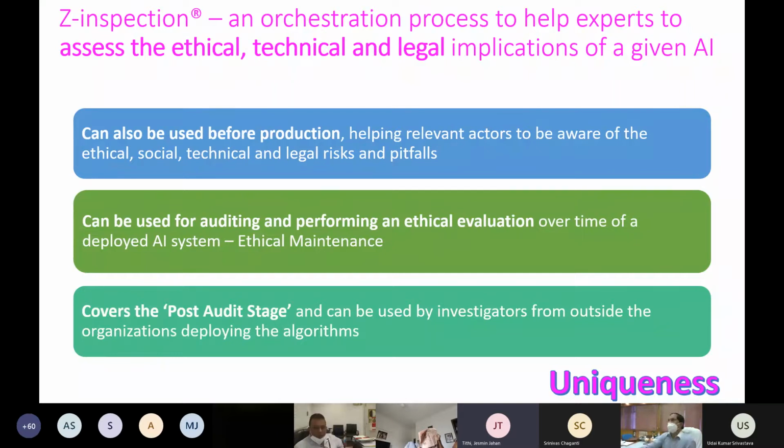It can be used as an auditing process to do ethical evaluation over time of a deployed AI, and we call it ethical maintenance. And it can also be used to cover the post-audit stage, and that can be used by third-party investigators, even government policymakers, to audit the AI for trustworthiness.